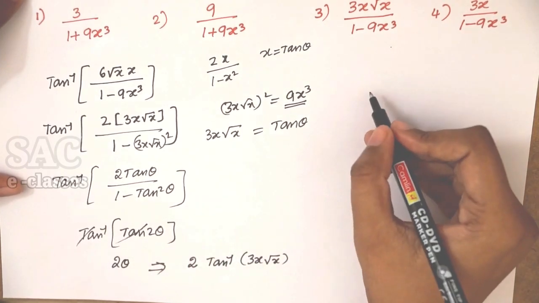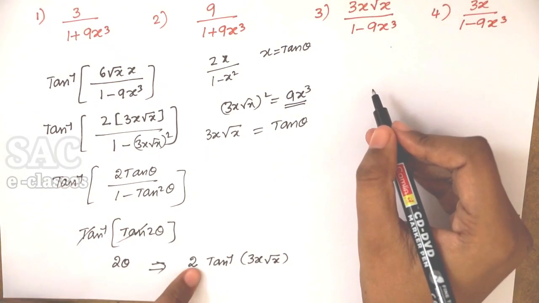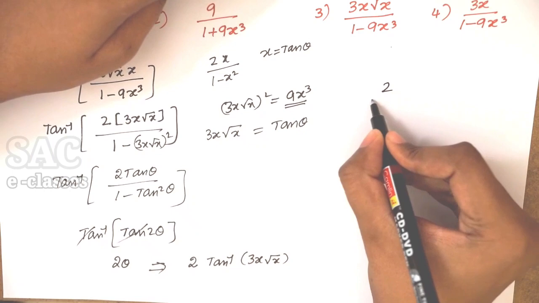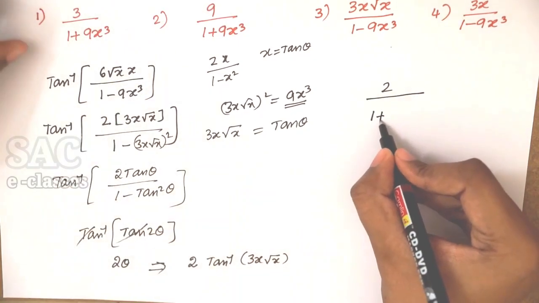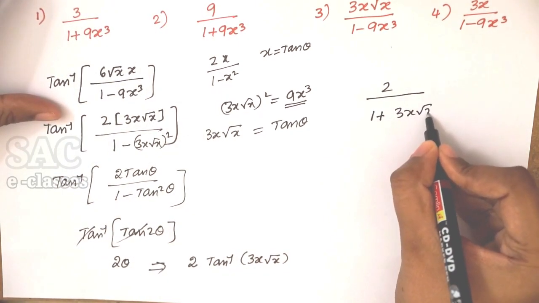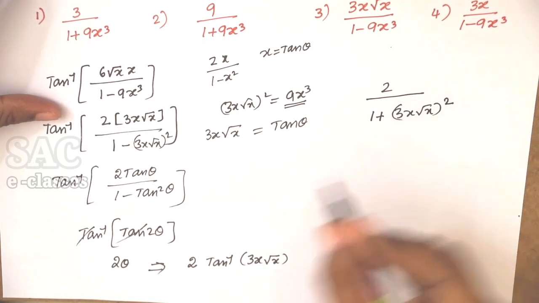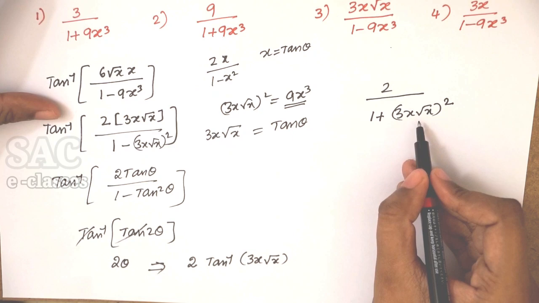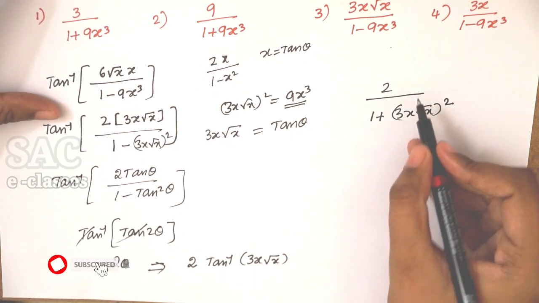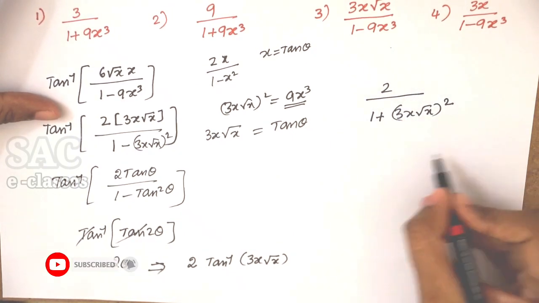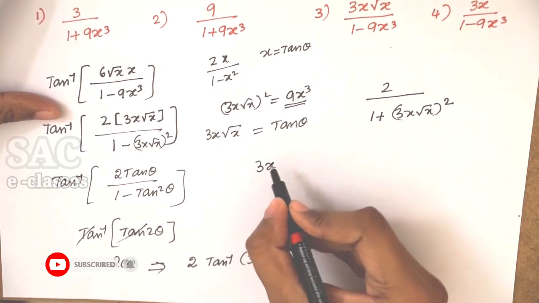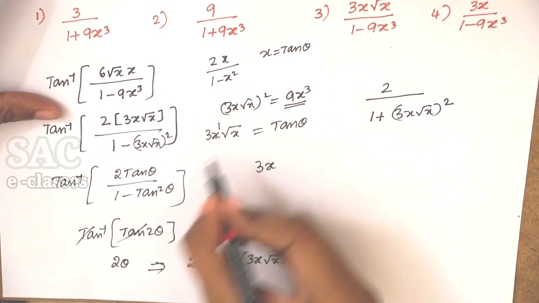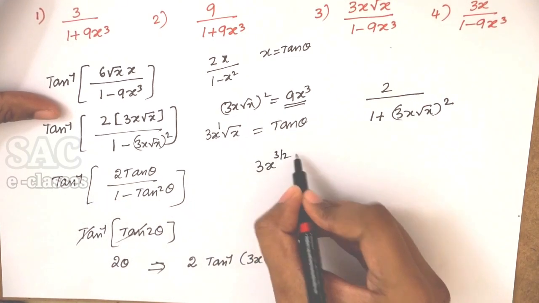What is the differentiation of 2 into tan inverse 3x root x? It is 2 by 1 plus 3x root x whole square. What is the inner function derivative for 3x root x? You can write 3 into x power 1 and 1 by 2, that is, power 3 by 2.